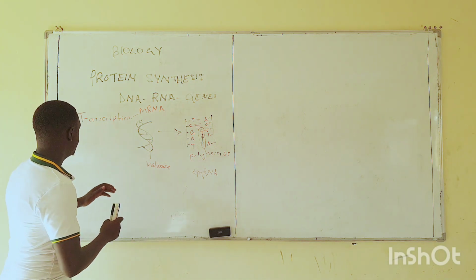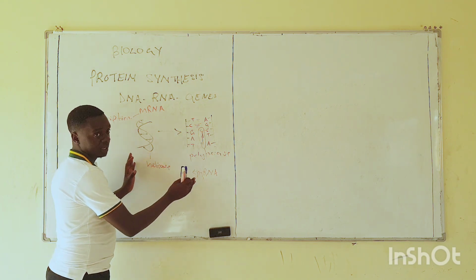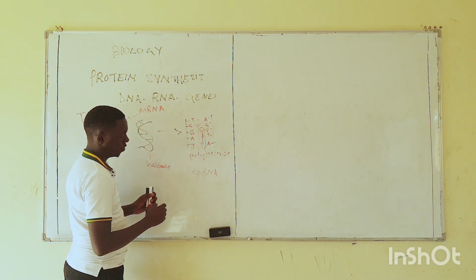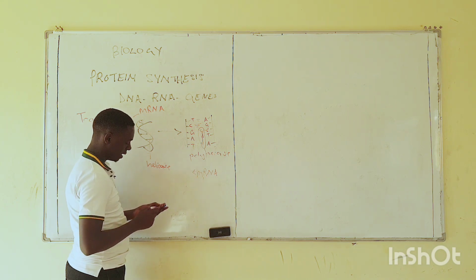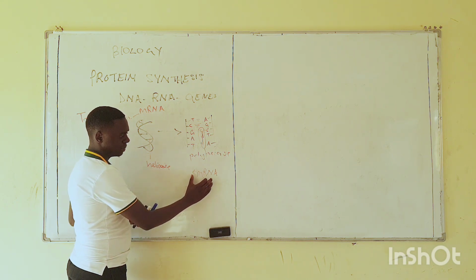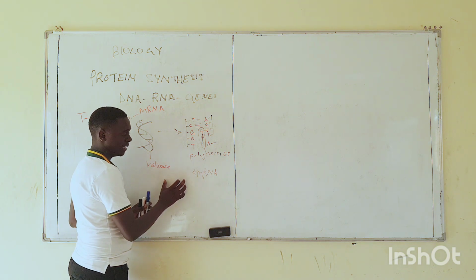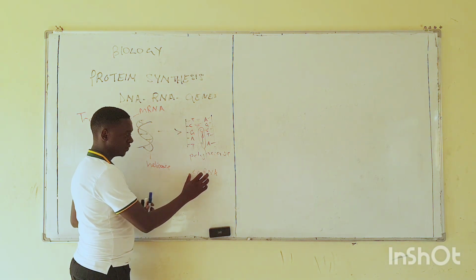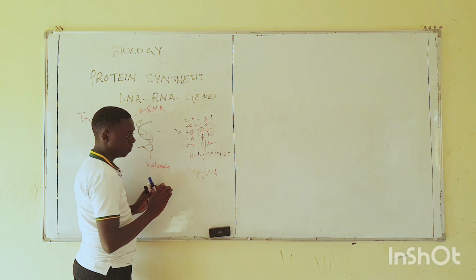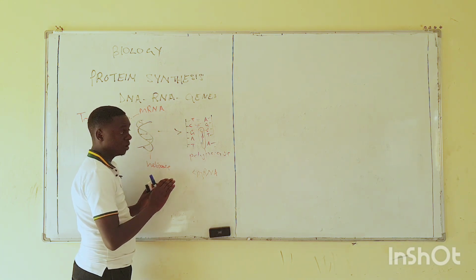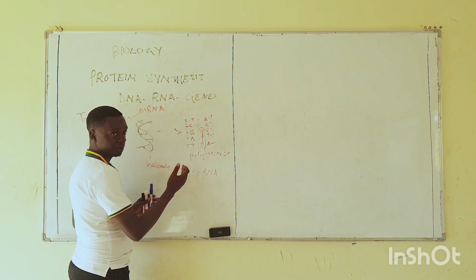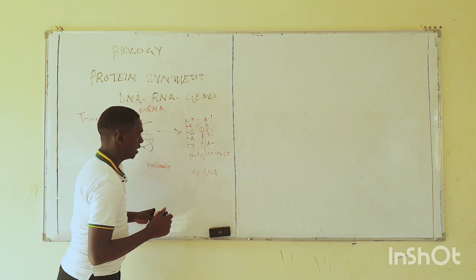We said this process occurs in the nucleus and we form what we call the messenger RNA. Now, before this RNA leaves the DNA, it is first edited to remove the introns and the exons, of which we talked about in the last lesson.